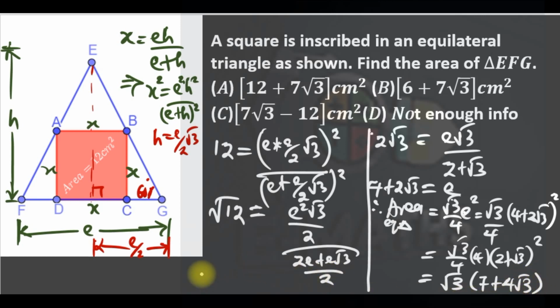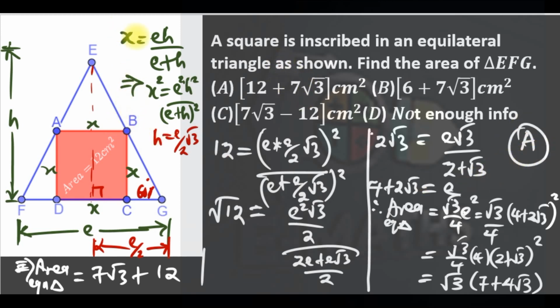Therefore the area of the triangle is now equal to root 3 times 7 is 7 root 3. Root 3 times 4 root 3 is 12. So the answer is 7 root 3 plus 12, which is option A.